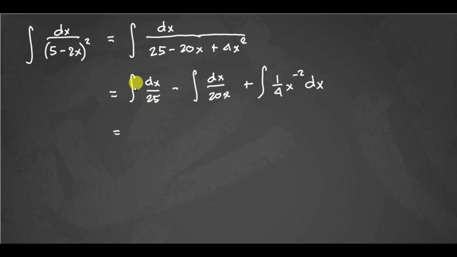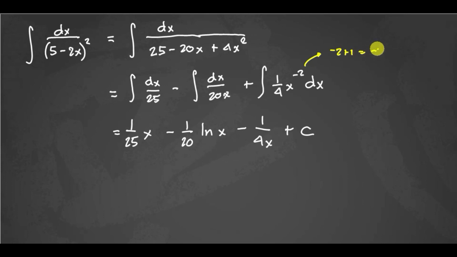The first term is the integral of the constant, thus this will become 1 over 25x, and the second term is an example of our fifth formula, that is 1 over 20 times the natural logarithm of x, and this will become negative. Then 1/4 x to the power of negative 2, plus 1, that is negative 1.